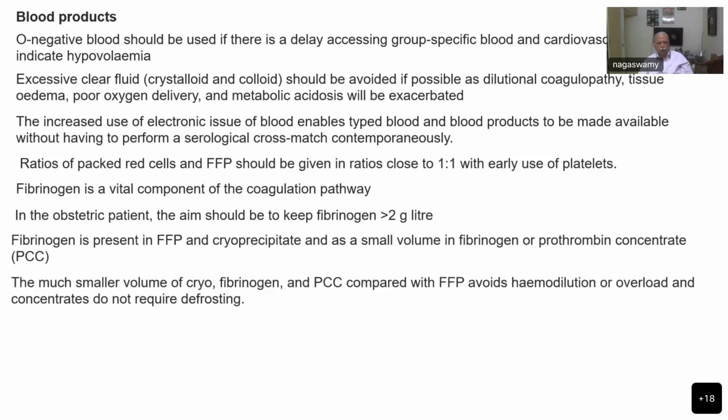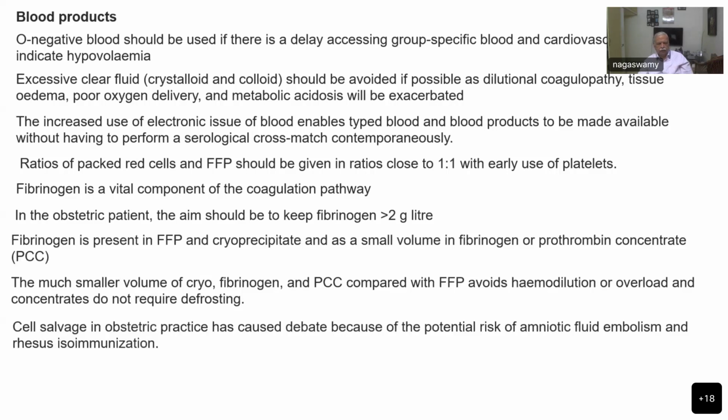So the smaller volume avoids overloading also. Cell salvage in obstetric practice has caused debate because it is mixed with the amniotic fluid. But nowadays they use a separate suction for amniotic fluid and collect the blood. And because it is being washed in saline, the fear of amniotic fluid embolism is not there.